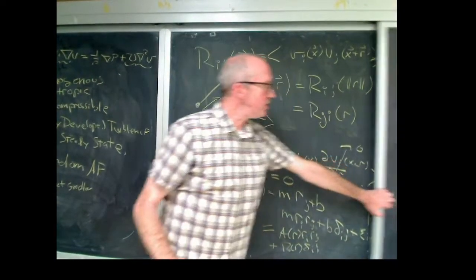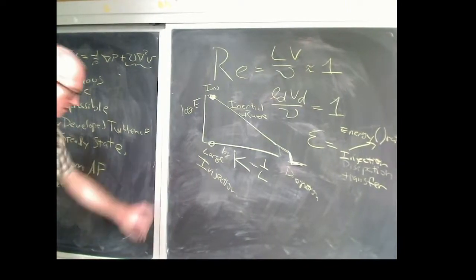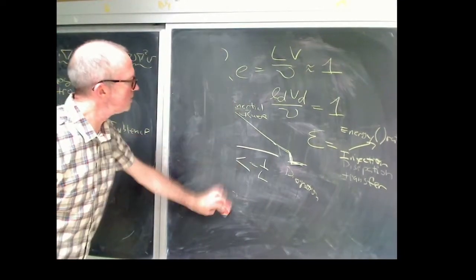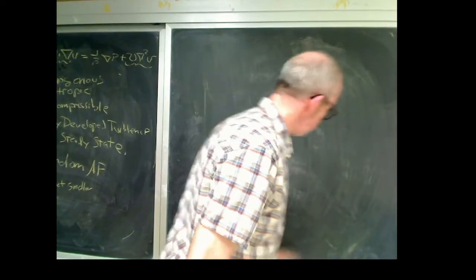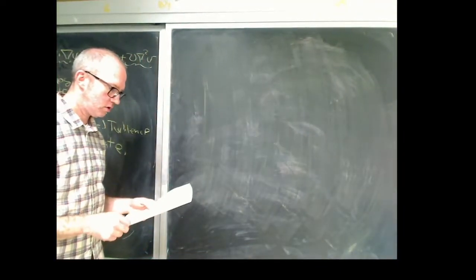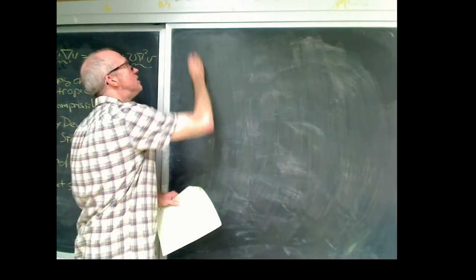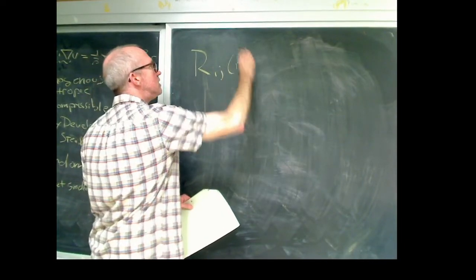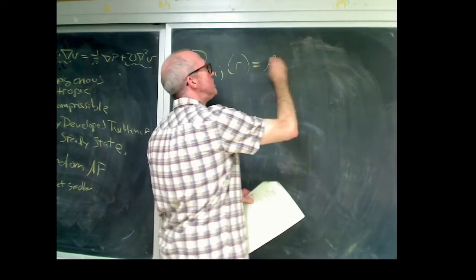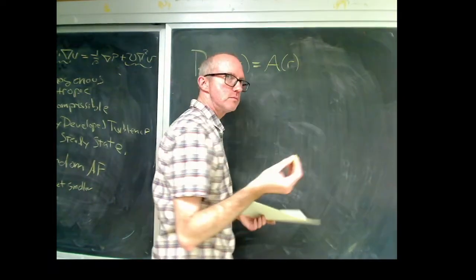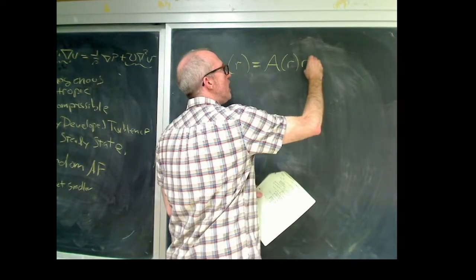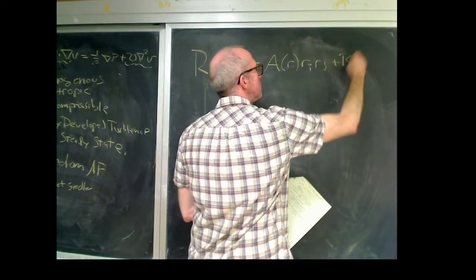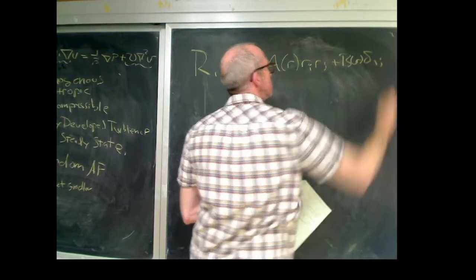So our correlation function, the most general way to write it is going to be some function A of r, which doesn't violate isotropy, doesn't violate homogeneity, it's just a function of r, times ri rj plus B of r delta ij.